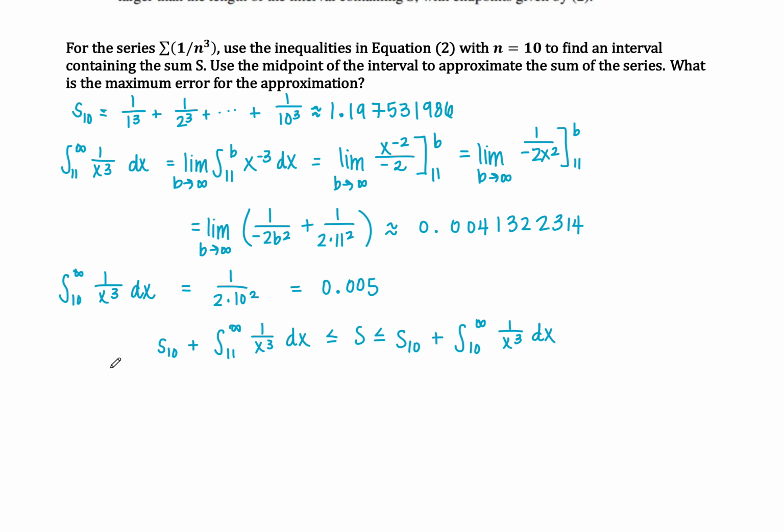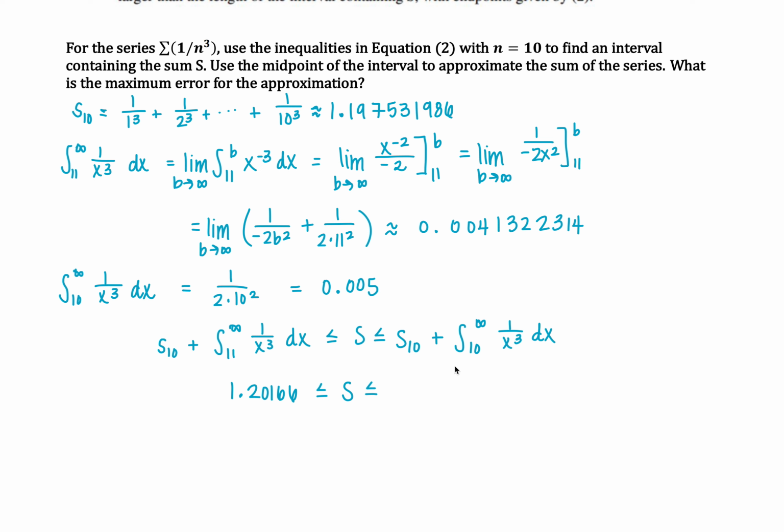Thankfully, I have values for everything here, so we're going to add them up. And I am going to just take these out to 5 decimal places. So if you add the 10th partial sum to the value here of the integral from 11 to infinity, you're going to end up with 1.20166. And again, I am rounding that. So the sum is contained in this interval that at its lowest value is 1.20166.